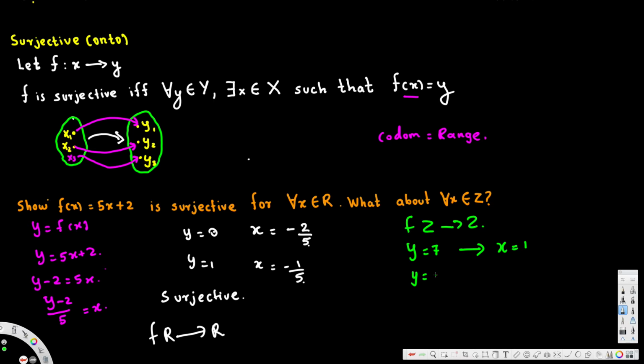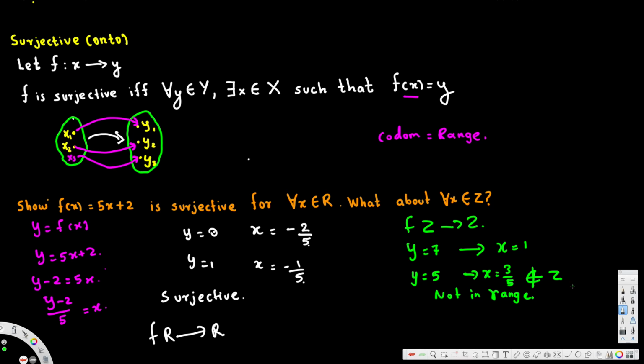If y is 5, let's see what we get. If you plug 5 right here, 5 minus 2 is 3 over 5. That's not an integer, right? We have x equal to 3 over 5, but this doesn't belong to integer. So it means this is not in the range.